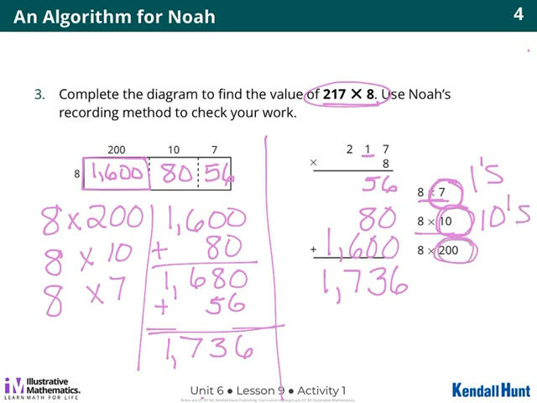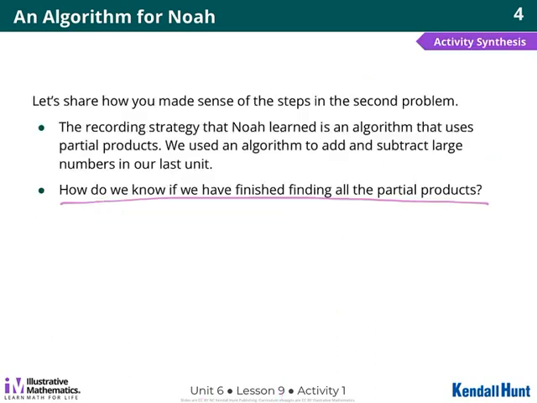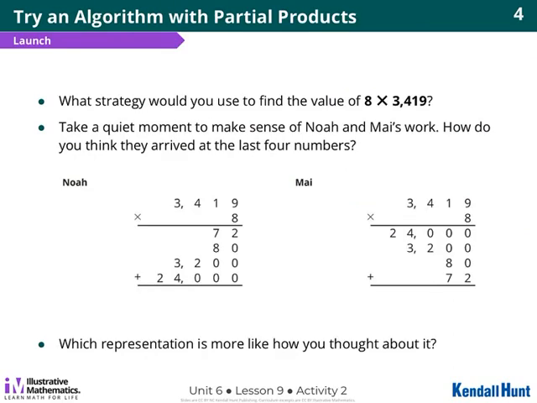And 8 times 200 was? And I don't have any other numbers. I don't have any thousands over there. So I know that I have found all of the partial products when I have gone through each place value. Okay? All right. Questions?